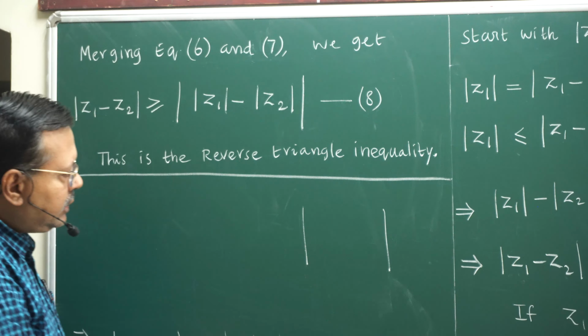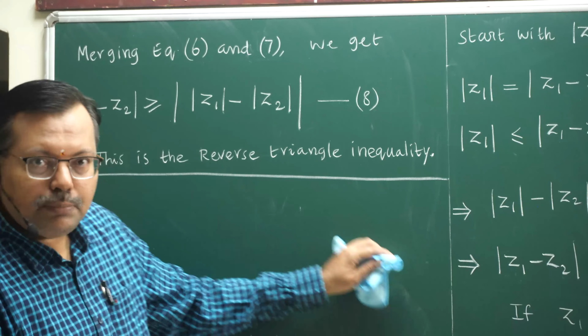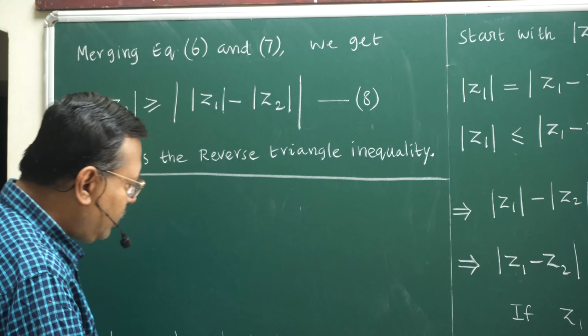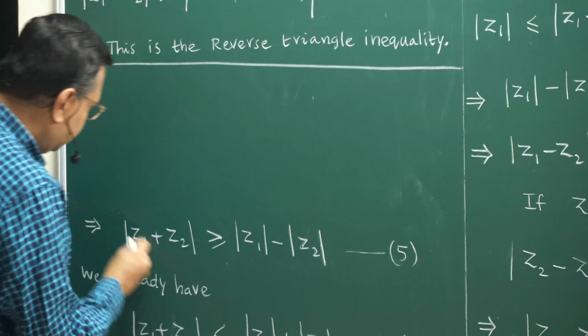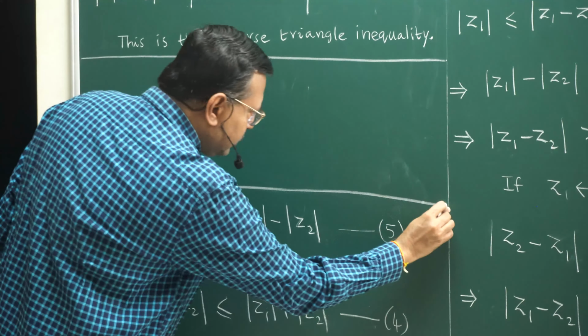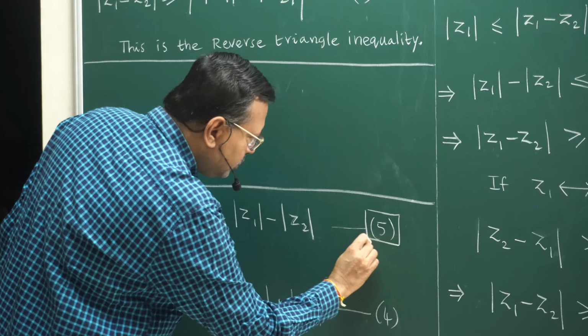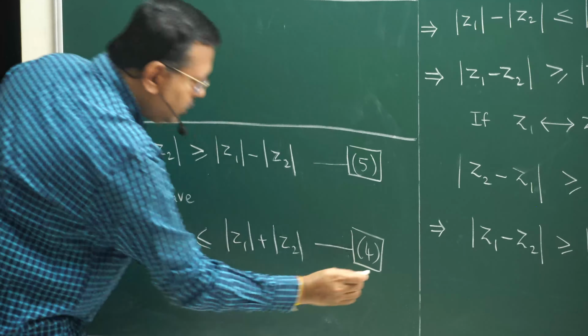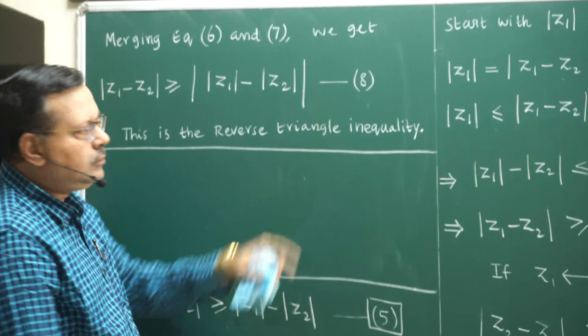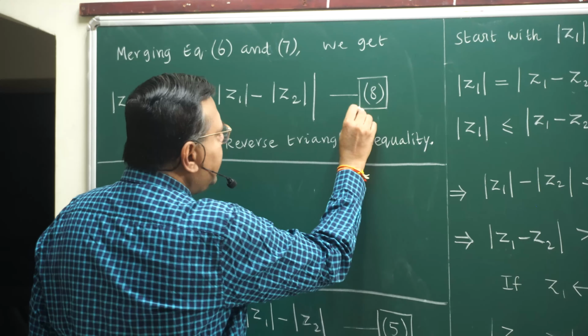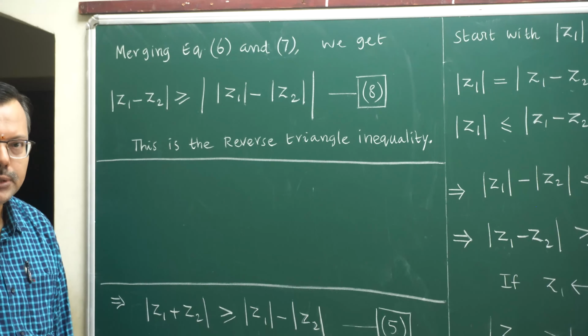As far as equations are concerned, we have now completed the derivations. What are the final equations? The final equations are these. This is 4. Yesterday we got 4. Today we got 5 and 8. These three equations are the final equations.